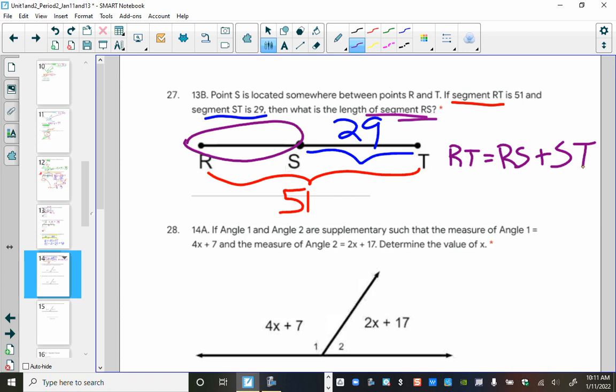You go a certain distance, remaining amount, add them up. Now, in this case, if we want the RS, what are we going to do with the 51 and 29? Subtract, yeah. A lot of you made that mistake on the test. You added them. You gotta subtract.